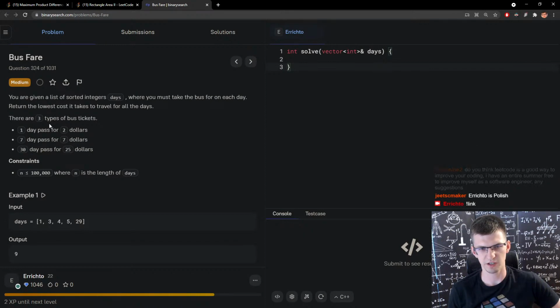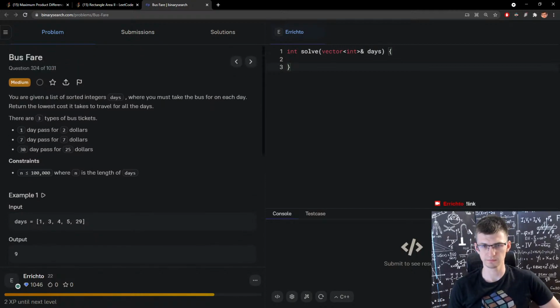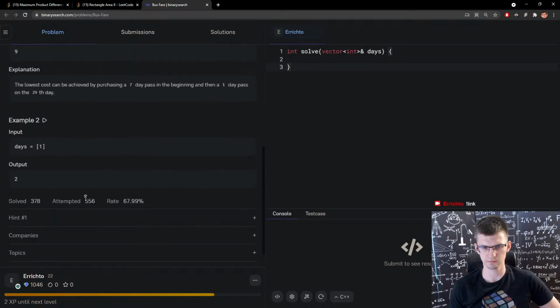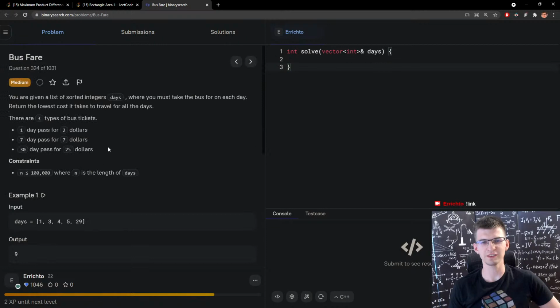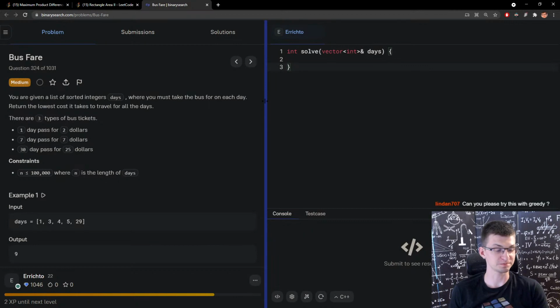There are 3 types of bus tickets: 1-day pass, 7-day pass, and 30-day pass. Another well-known problem. I'm sure it is somewhere on LeetCode. I've seen this in the past. Try this with greedy? Sure. But how do I do this with greedy?